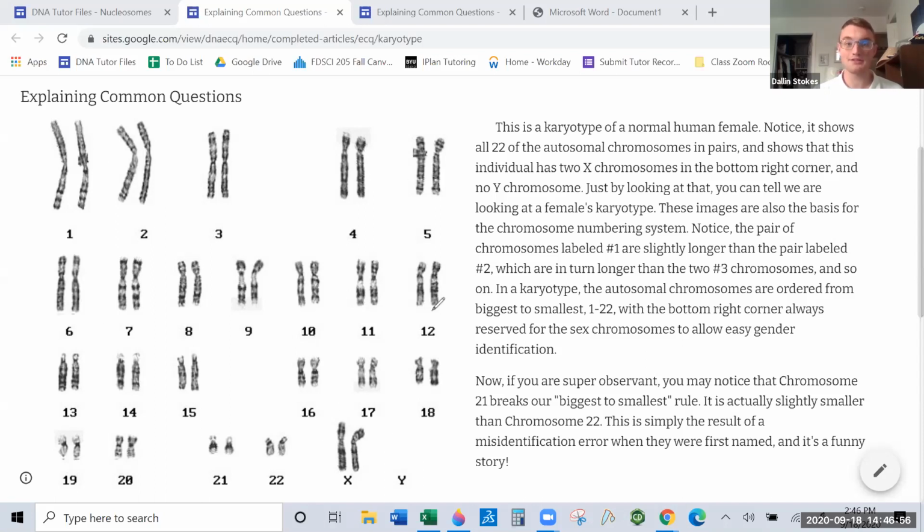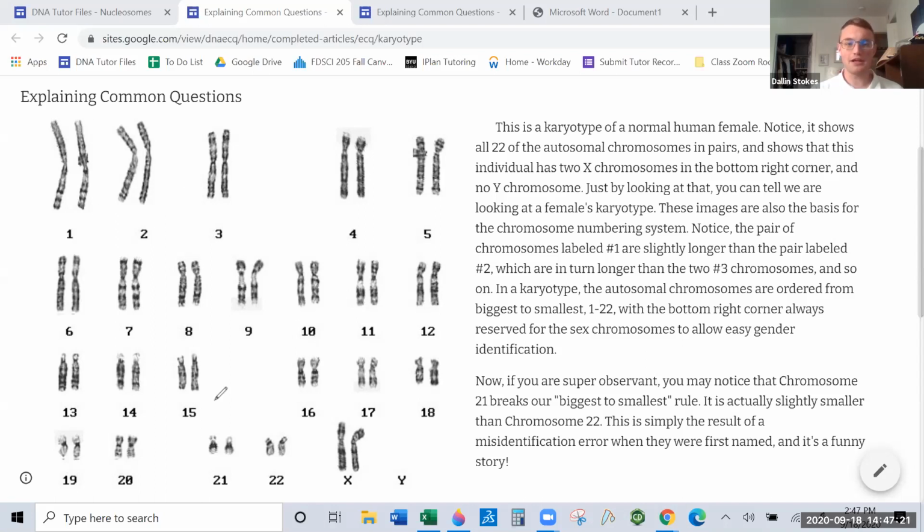So that's one of the ways that we organize them, by size. Now notice there are 23 different kinds of chromosomes, 22 of the numbered ones, and then the sex ones down here. And you've got 2 of each one, one from mom and one from dad. That'll become important in a sec. We'll come talk about how you name cells like this.